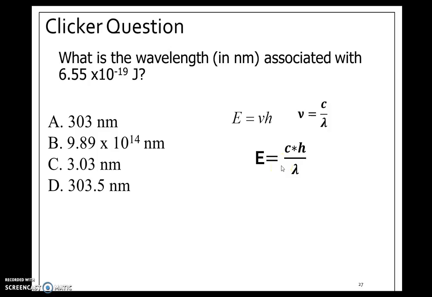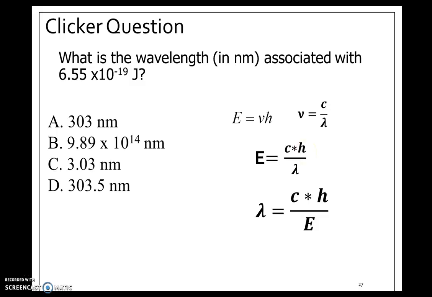Now, this equation is not asking for energy, it's asking for wavelength. So we can rearrange this equation and solve for wavelength, where the wavelength is equal to c times h divided by the energy. And we have energy, and we have speed of light and Planck's constant.